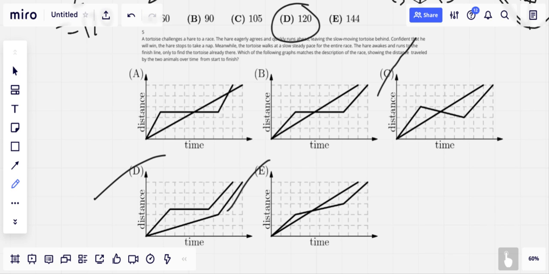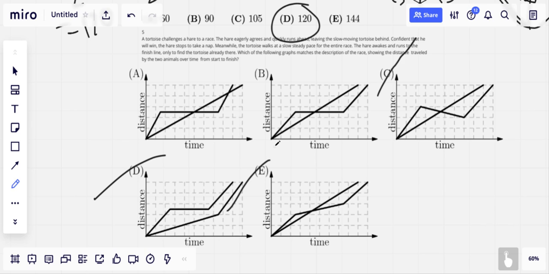The difference between A and B is that in one, the one with the hare's undulating slope goes more up, and the tortoise basically finishes last, and then B shows that the tortoise finishes first, and then the hare does.